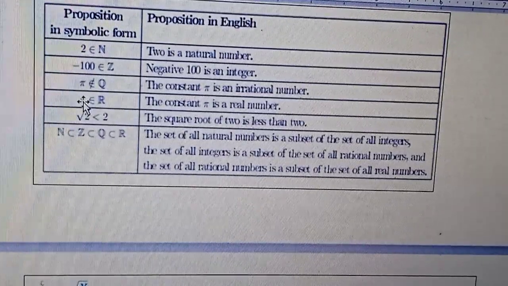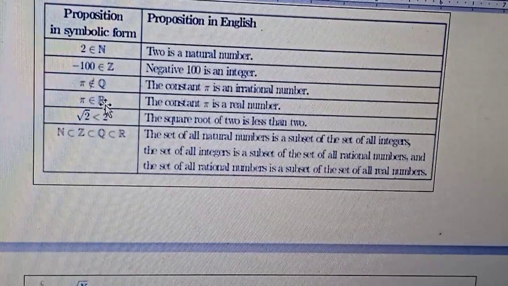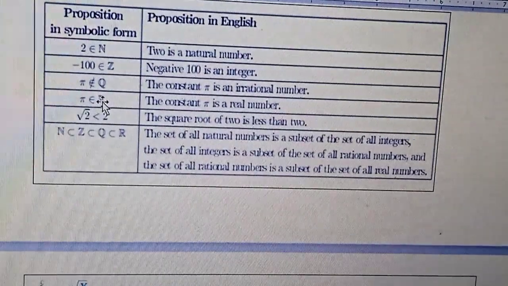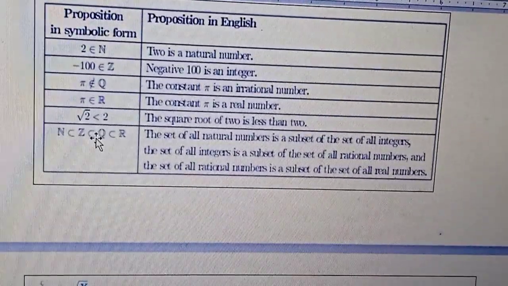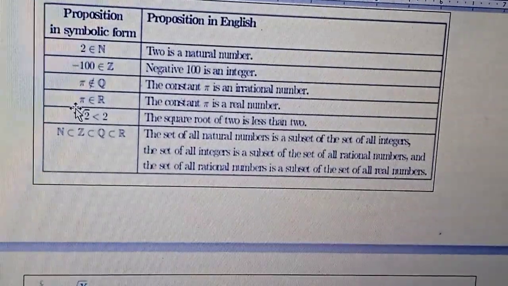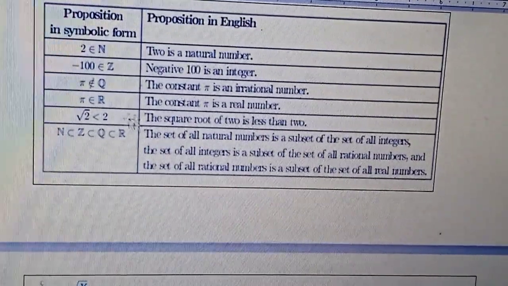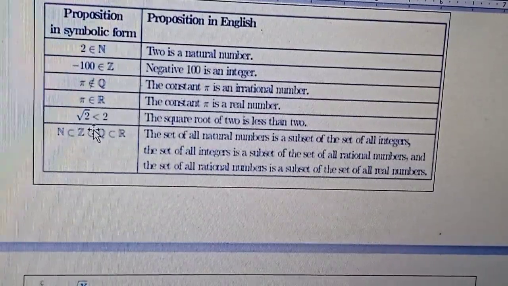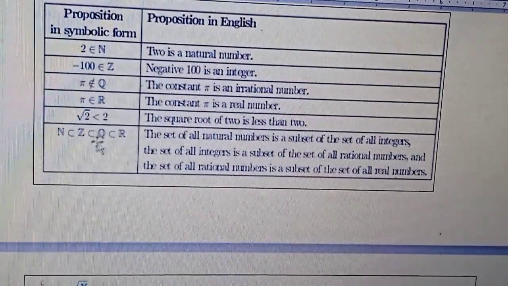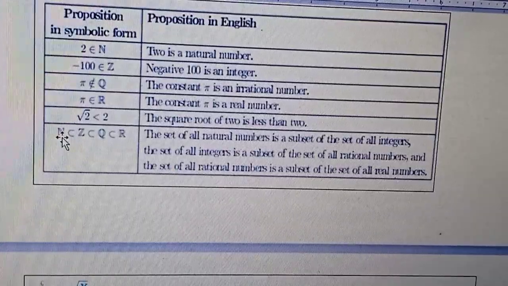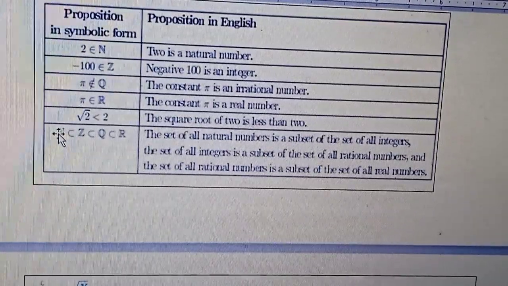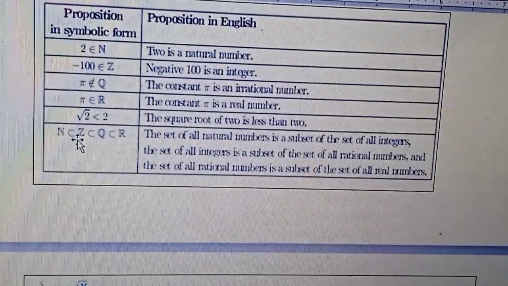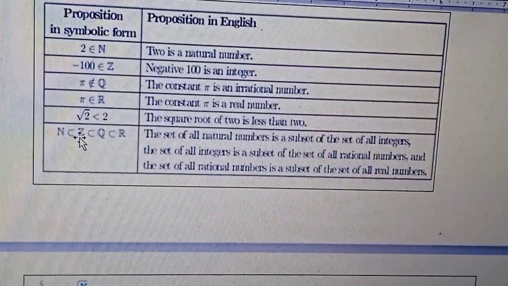Next, the constant pi is a real number. R represents a real number. So next, we have the square root of 2 is less than 2. Below, the set of all natural numbers is a subset of the set of all integers.